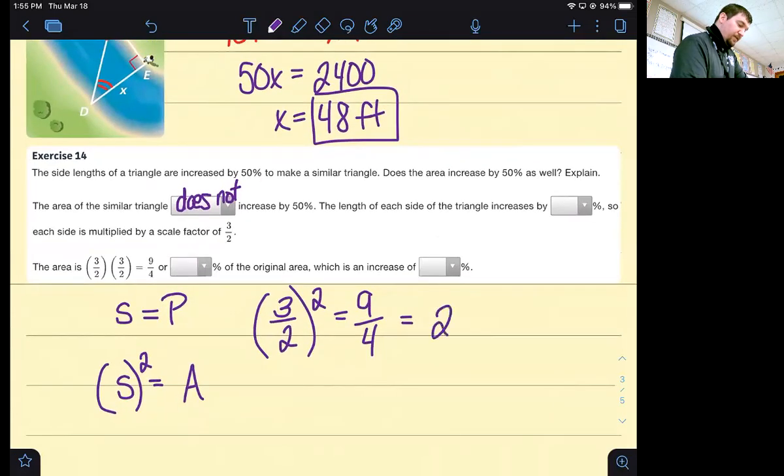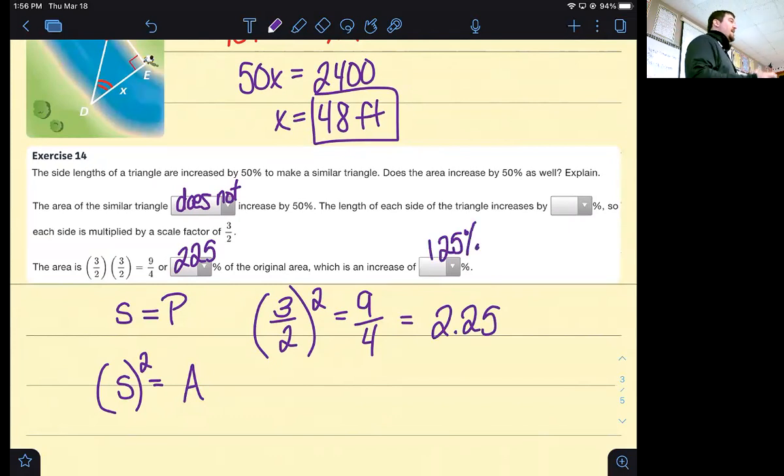And what's 2.25 as a percent? 225%. Okay. Now, if it increases by 225%, remember, if you don't increase it at all, it stays at 100% of the size. So if 100% means it's not changing at all, then it's actually only increasing by 125%.